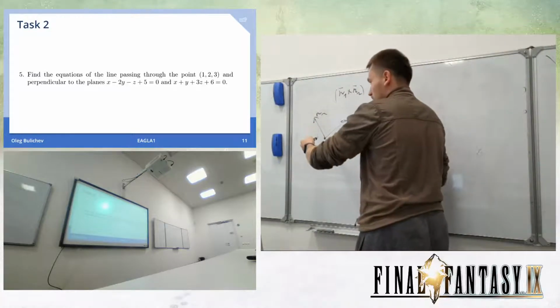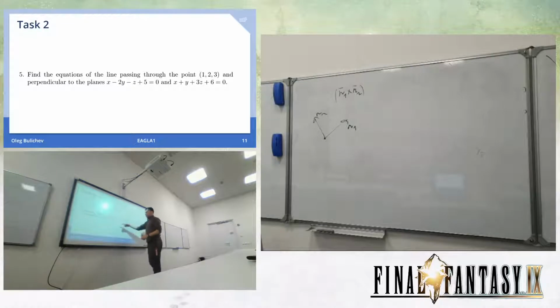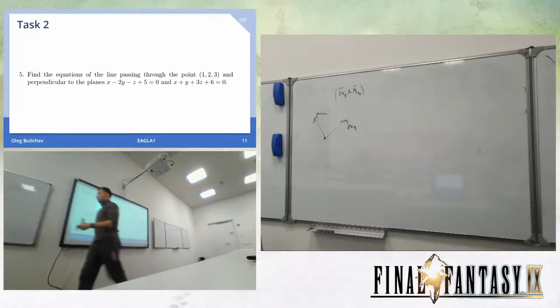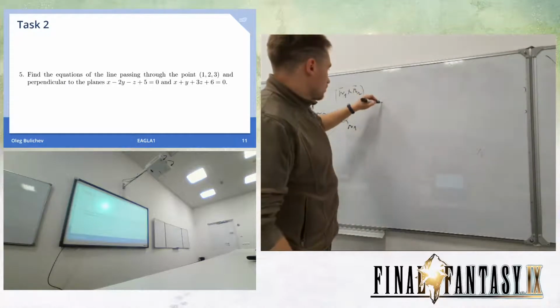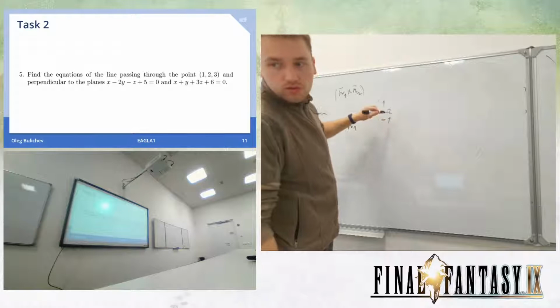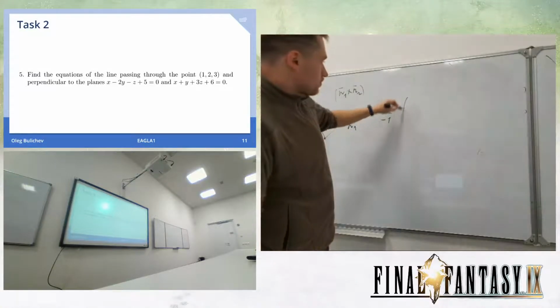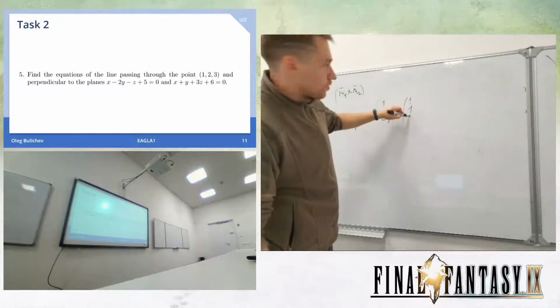One vector, second vector. So the first one will be in our case 1, minus 2, minus 1 and 1, 1, 3. 1, 1, 3, yes.